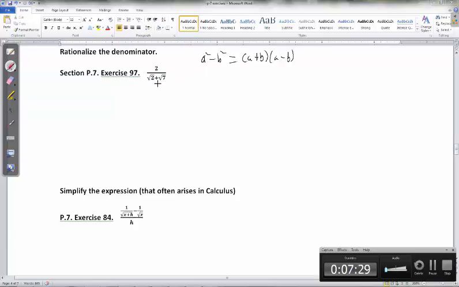That'll solve my problem. I already have a plus b, so I just need to multiply by a minus b, and it will solve my problem. Square root 2 minus square root 7, square root 2 minus square root 7, and we will end up with 2 times square root 2 minus square root 7 over 2 minus 7.